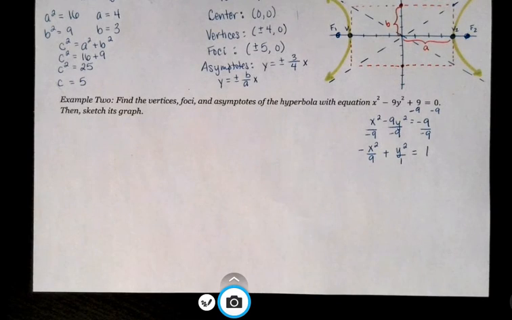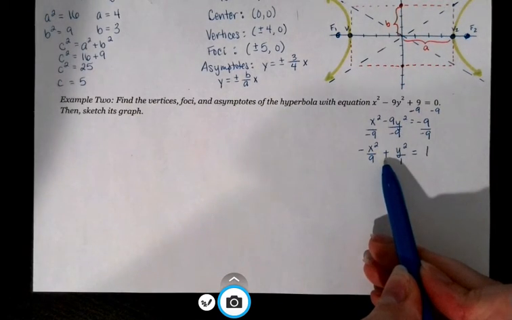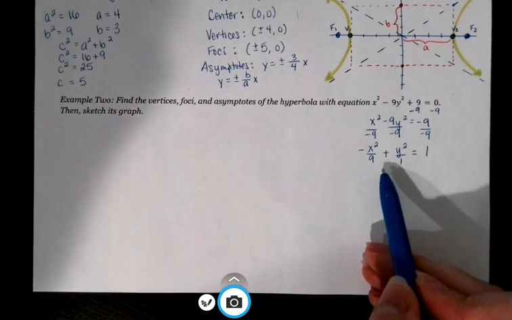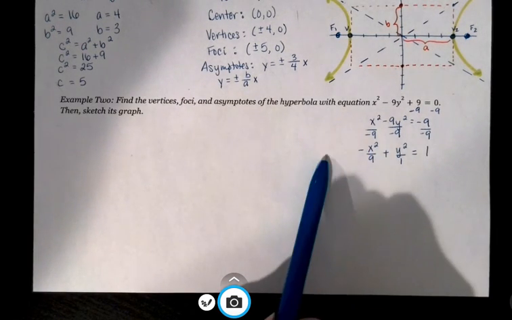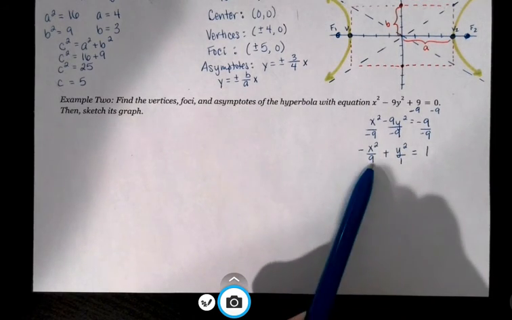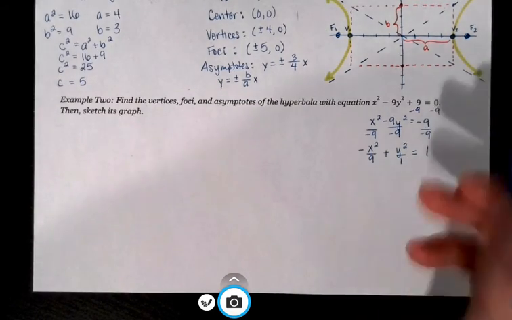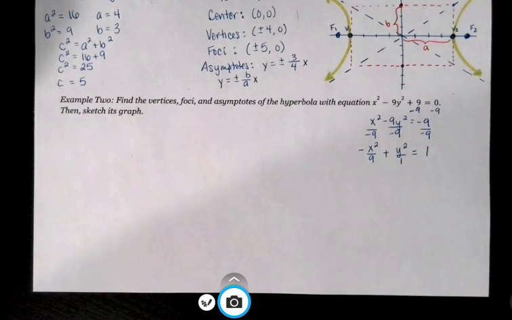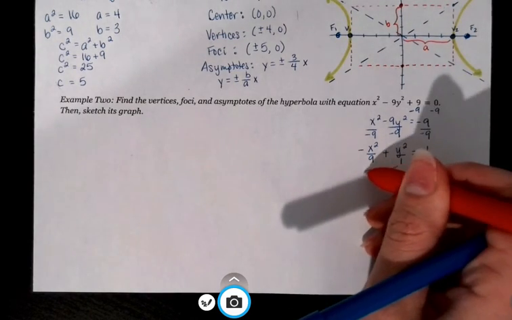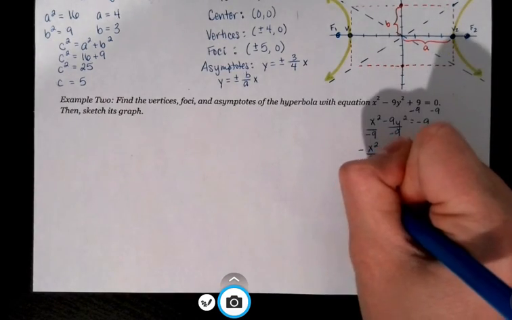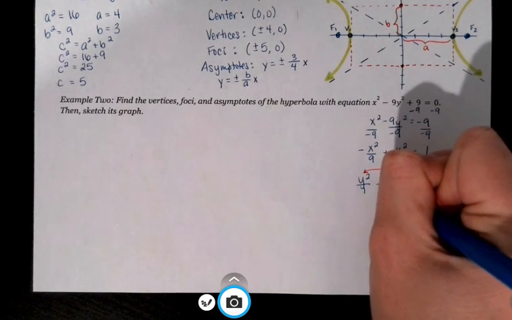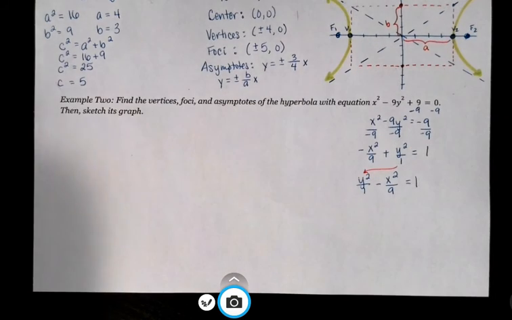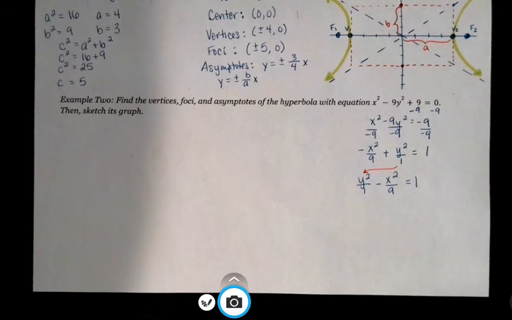Now you might be thinking, well, there's a plus in the middle, but this is not an ellipse, because if I rearrange this and put my y squared over 1 first, and then I have this negative x squared over 9, that would be subtraction. So let's go ahead and rearrange it. I'm going to switch these around. So this fraction is going to go out in front. My positive version is always in front, and then I'm subtracting my other fraction. So that is the equation that we're going to use to graph the hyperbola.